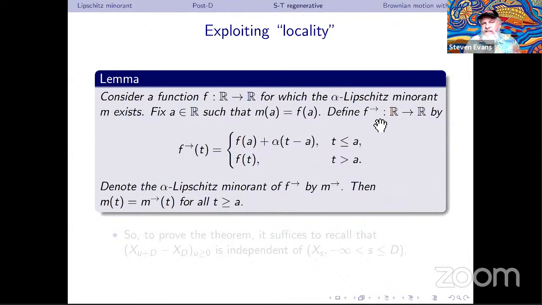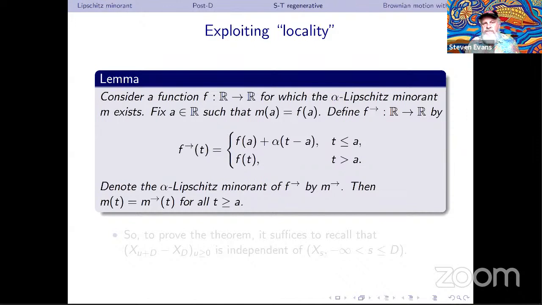We're in the contact set for f. And now let's define another function, f right arrow, which agrees with f for times bigger than a, but for times less than or equal to a is just a line of slope alpha.